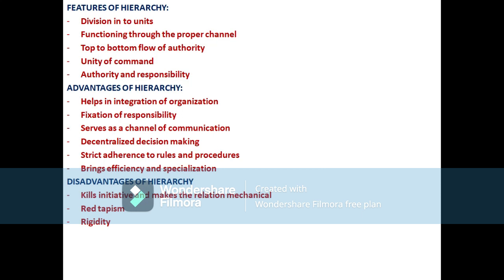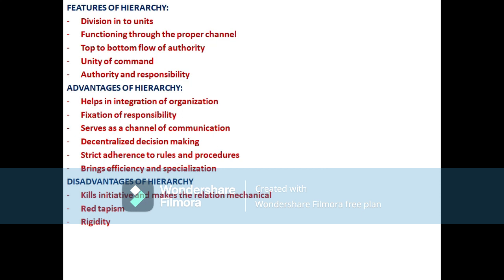Why? Because the superiors take the critical decisions and instruct the lower level management people to perform the work. So here we will not see any initiative in these lower level people. They will act according to the superiors' decisions. Therefore it may not create any zeal or enthusiasm or initiative in the individuals of the lower level management. So definitely it is a disadvantage.